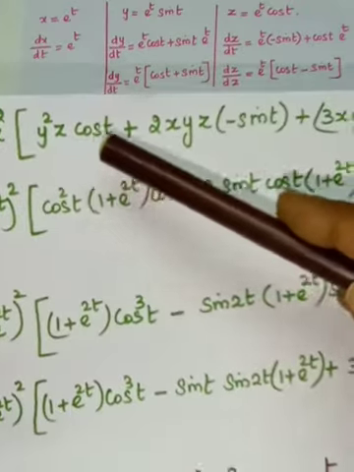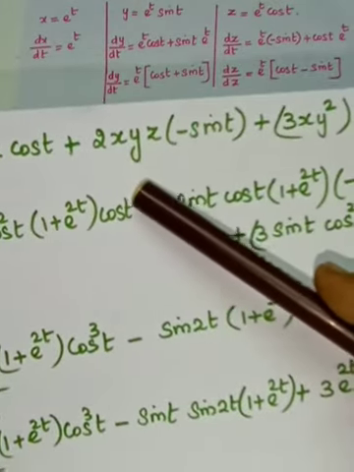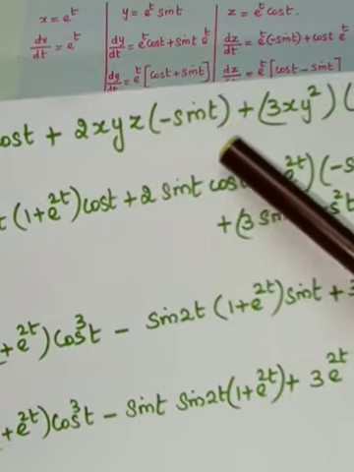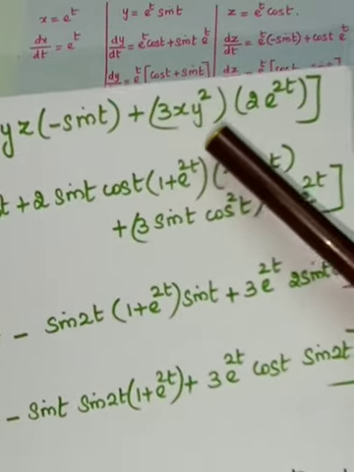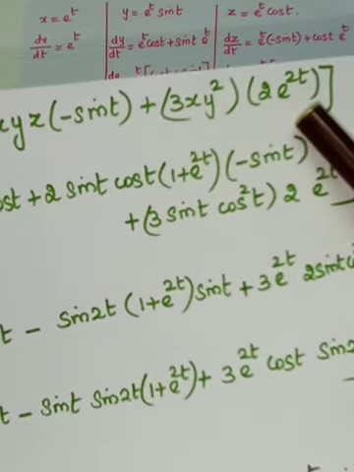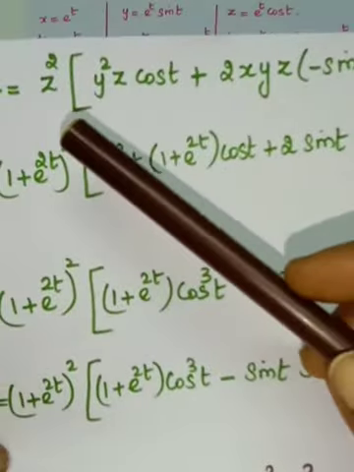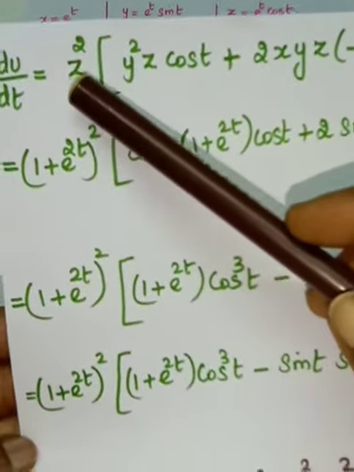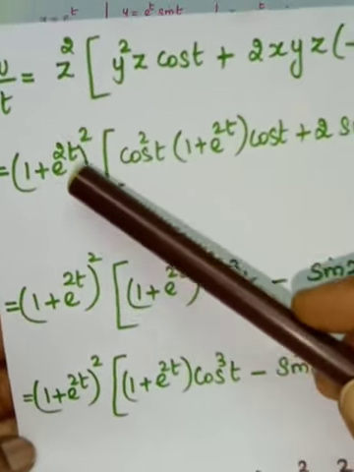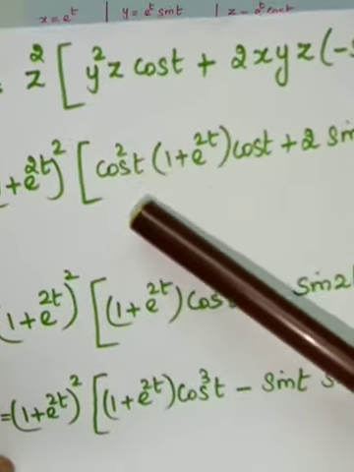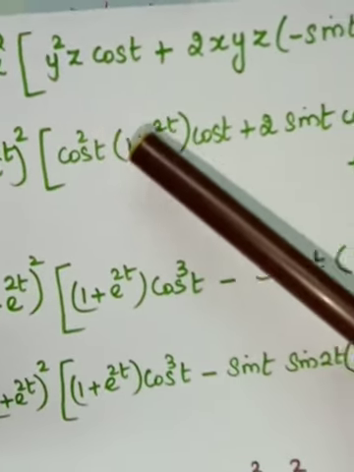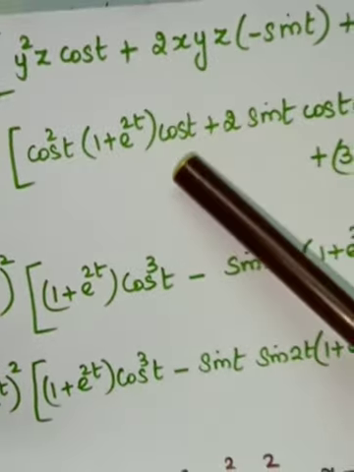It is y² z cos t + 2xy z(−sin t) + 3xy²·2e^(2t). In the place of x, so here z is there. z is 1 + e^(2t). z² is the whole square. What is y? It is cos t, so it is cos² t. What is z? (1 + e^(2t)) into cos t.